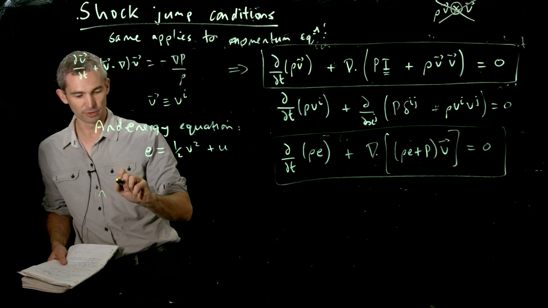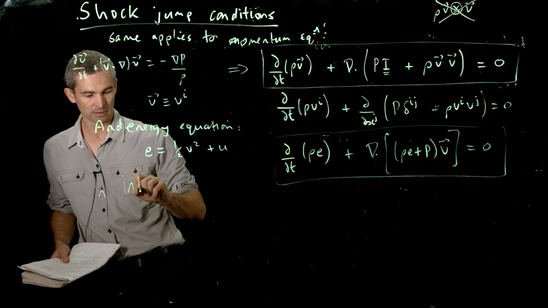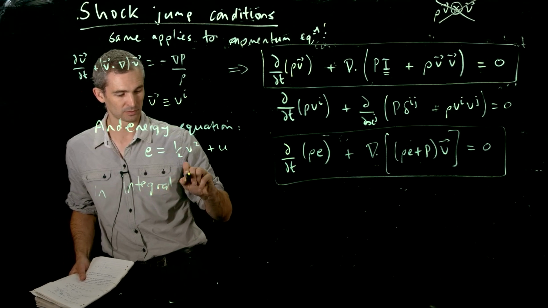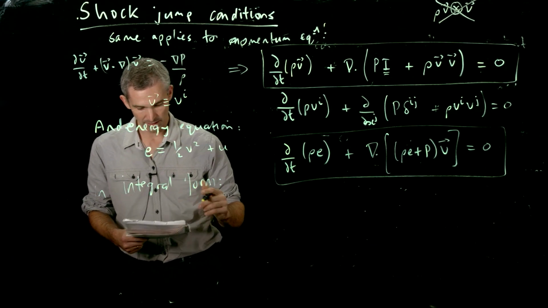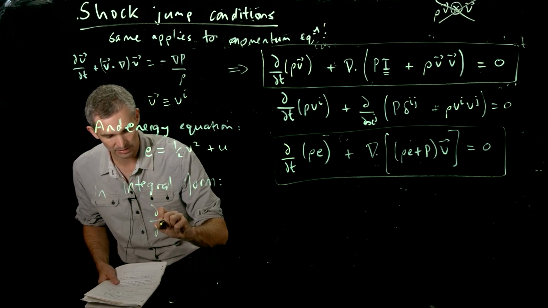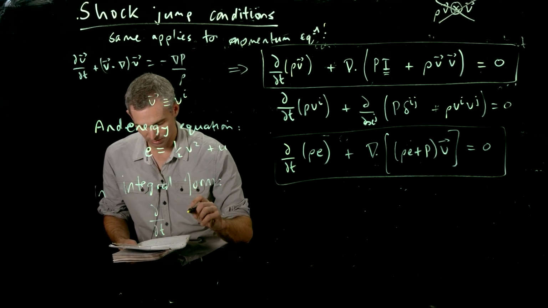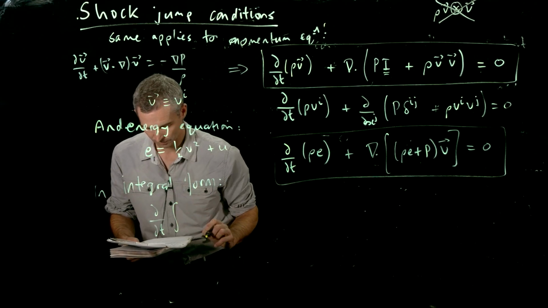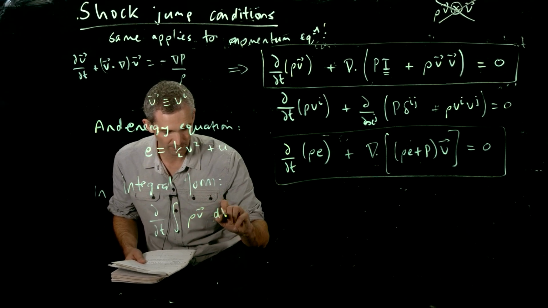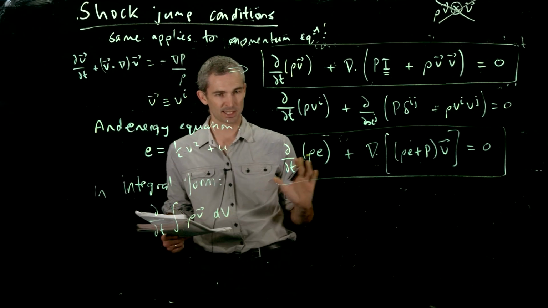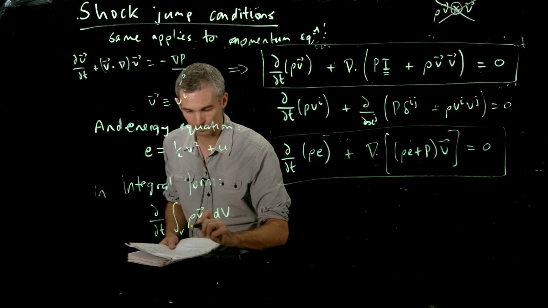So in integral form, we have the following. We have d/dt of the integral of rho v dV. That's a vector quantity, the total momentum in the volume.